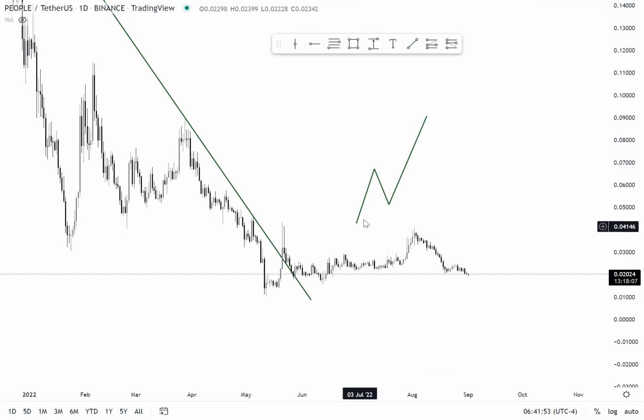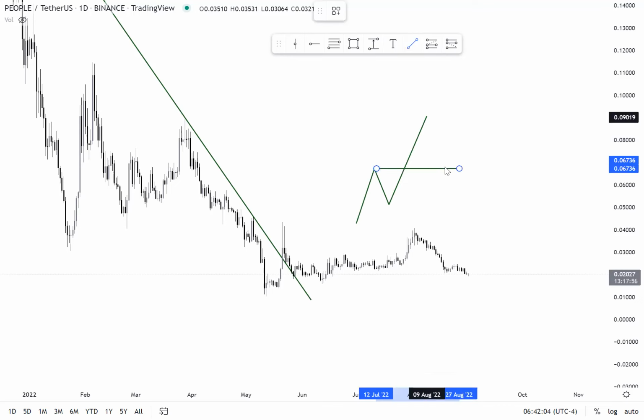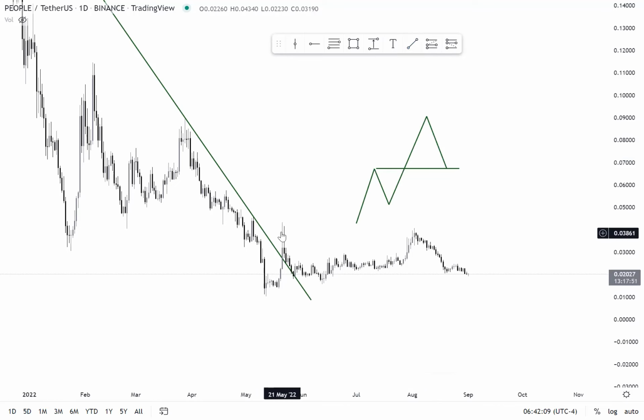So this is a low, a high, a lower low, and then a higher high. Then you'll be waiting for this high to be traded back to. Just after we broke out of this candle, we have a high, a low, a higher low, and then a higher high.